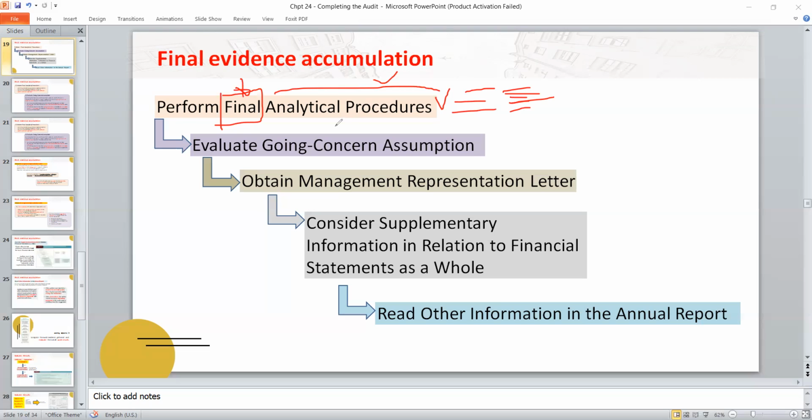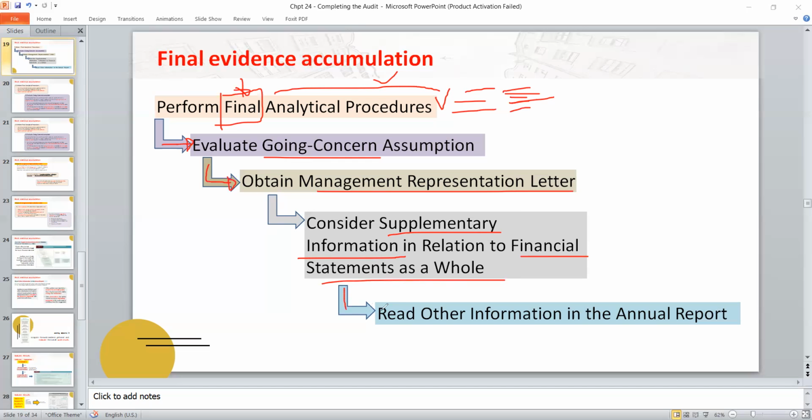Second, after you perform the analytical procedure, you will evaluate the going concern assumption. This is kind of important. After that, you need to obtain the management representation letter, like I said before. We will discuss it later. And consider the supplementary information, informasi tambahan, in relation to the financial statement as a whole.